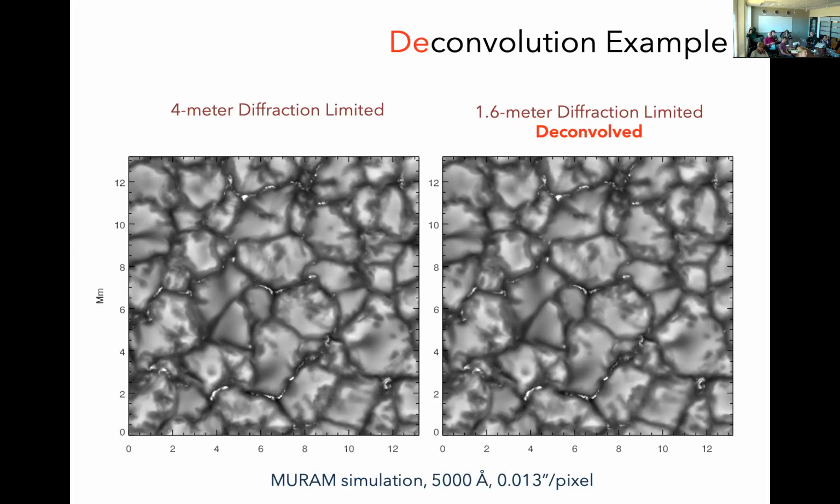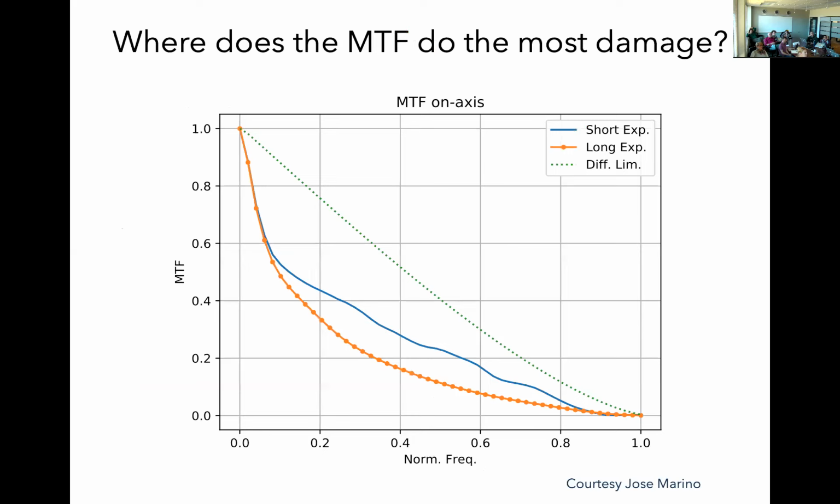That's great. So what does this look like? Let's look at what happens with the MTF, and where the MTF does the most damage when you're doing these convolutions. What does a typical MTF of a normal optical system look like? Just the effects of diffraction are that green line.